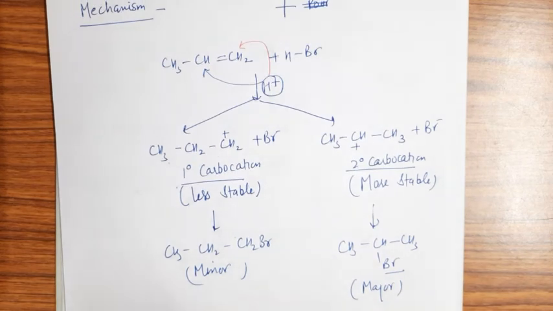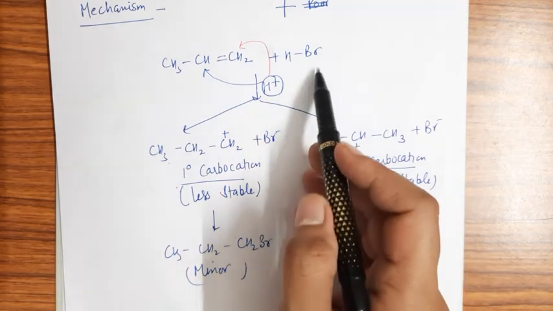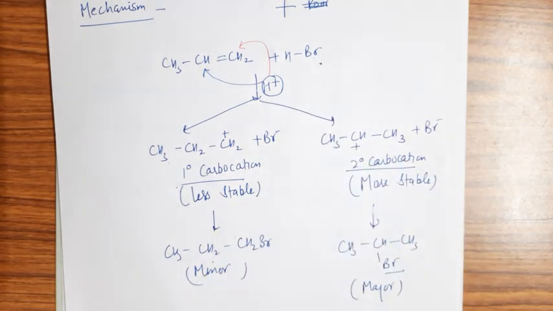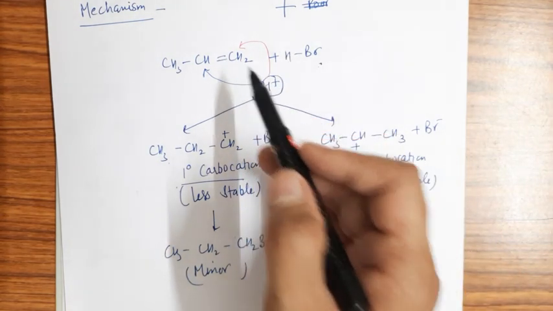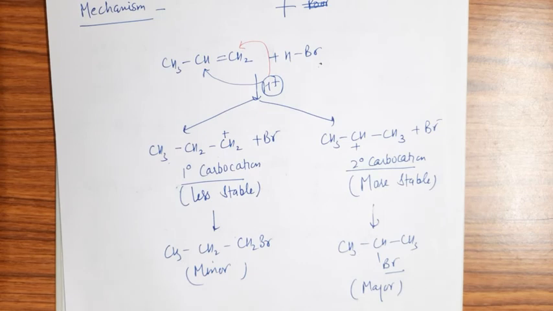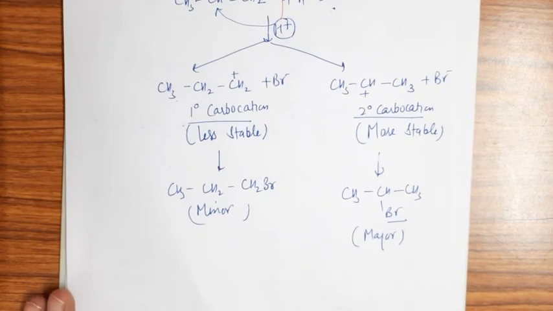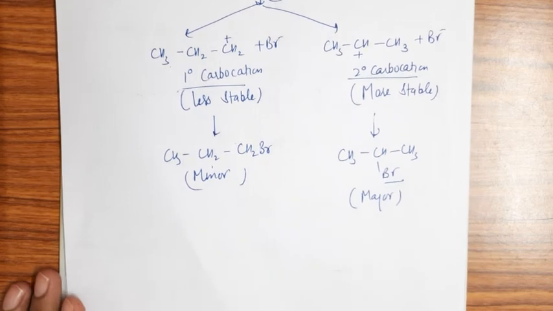And this is the actual thing which the Markovnikov rule states, that the negative part of the addendum will go to the carbon which has less number of hydrogen atoms. In reverse we can say that the hydrogen will attach to the carbon which has more number of hydrogen atoms. You have to remember that thing. I think this is clear to everyone.